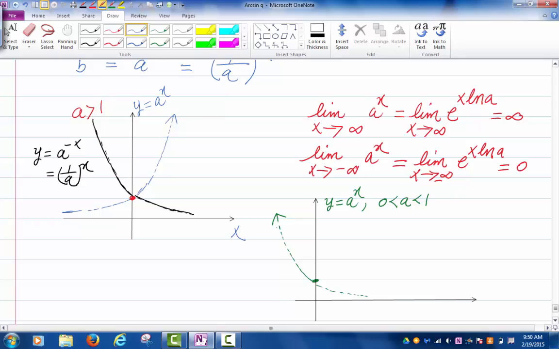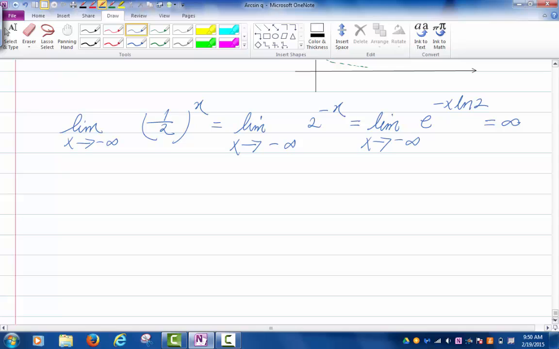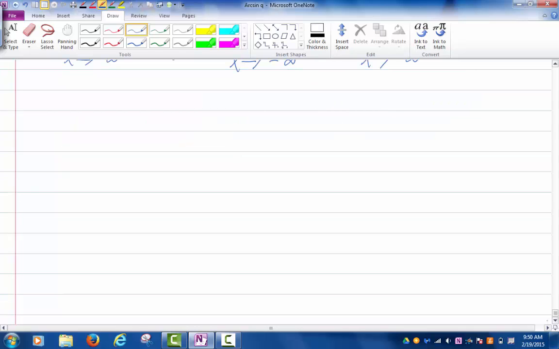A to the x as x goes to negative infinity, a greater than 1, that's the blue curve, so it goes to 0. Again, you have to be able to understand those questions. And I'm going to be assigning some web assigned homeworks so that you have some practice on how to answer these questions.